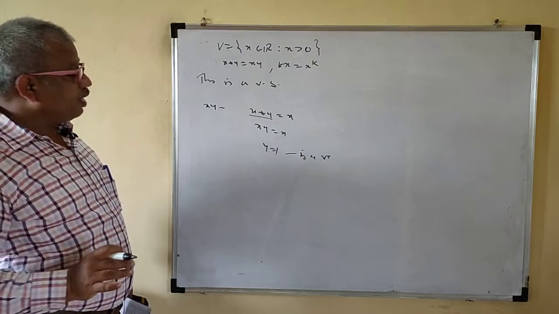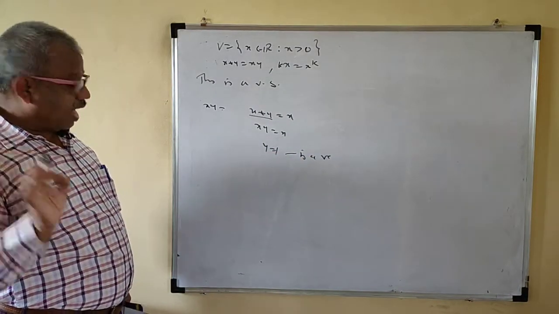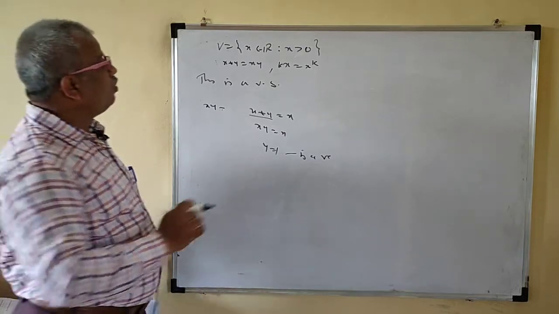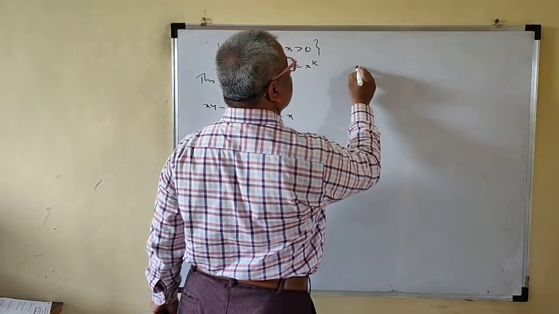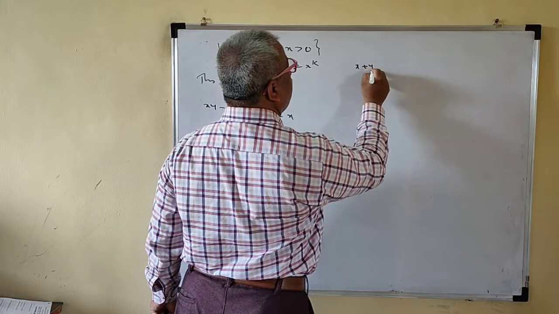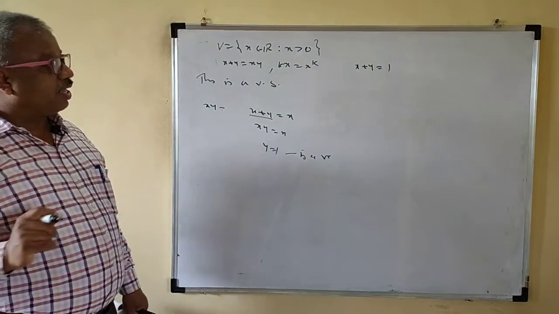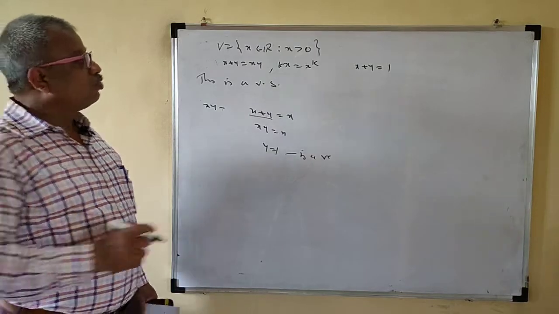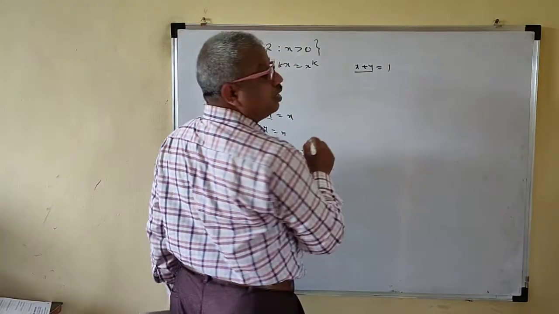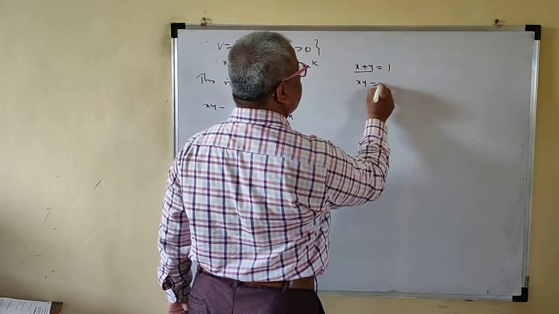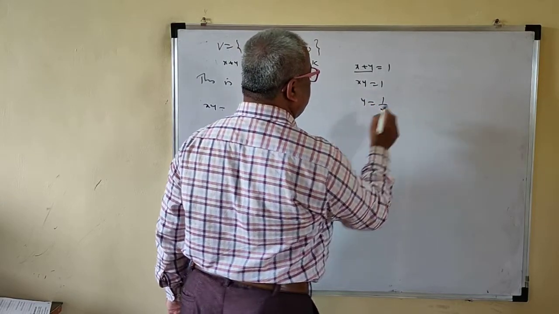And if you want to find the additive inverse, if y is the additive inverse, then x plus y is equal to the additive identity, which is 1. So x into y is equal to 1, so y is equal to 1 upon x.